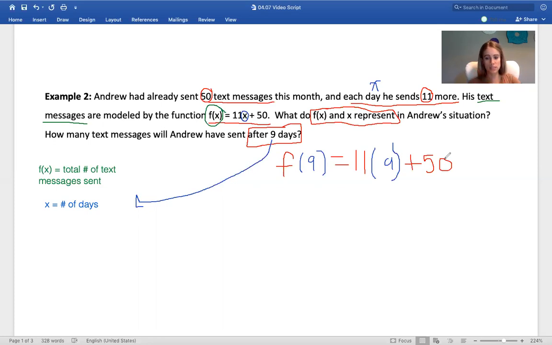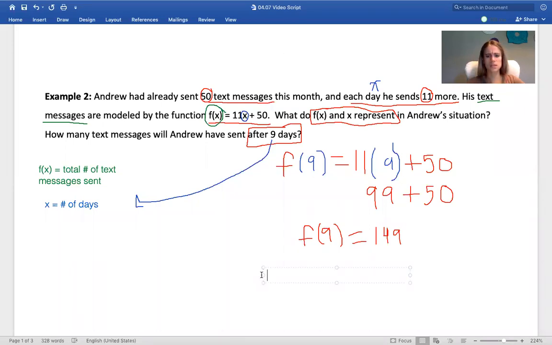That's where my parentheses come in. It means multiplication. So 11 times 9 is 99 plus 50. And then the last step of order of operations, addition and subtraction left to right, I have addition. So f of 9 is equal to 149. All right, let's interpret our answer.